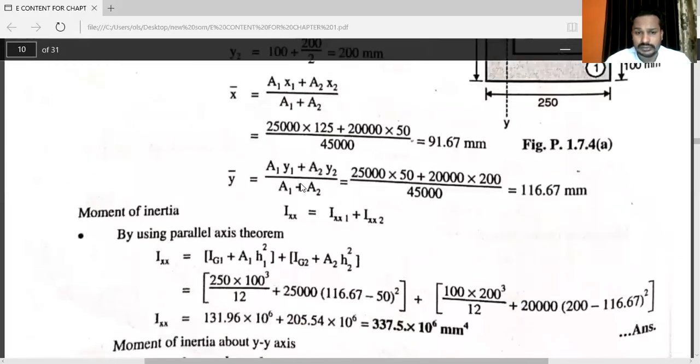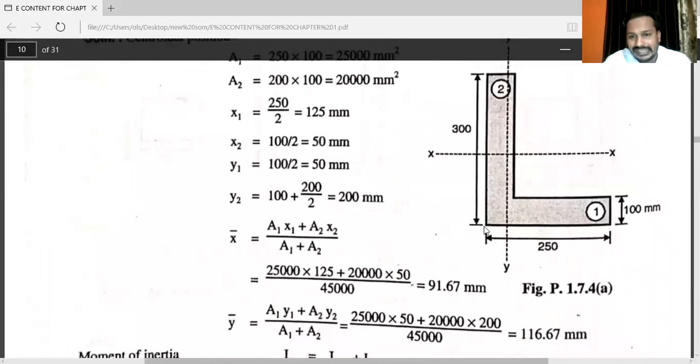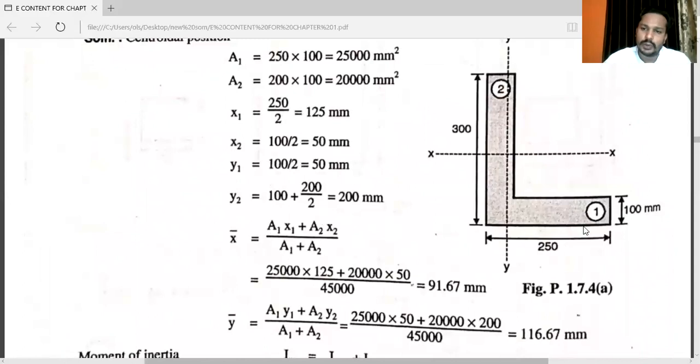Here I am explaining the H1 distance. See, from the baseline, the cursor distance is very, very important. Cursor location is very important. This is the baseline. From the base to this XX, the horizontal centroidal axis, the distance is 116.67. This is the centroid point of the diagram.